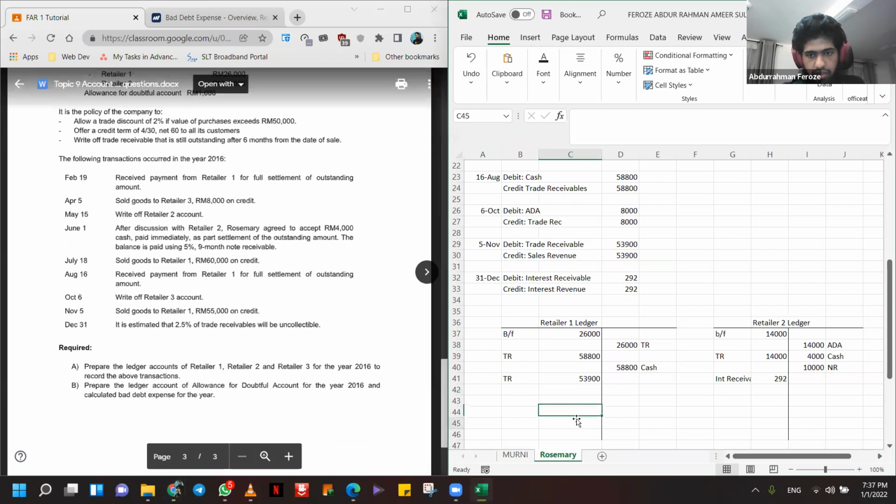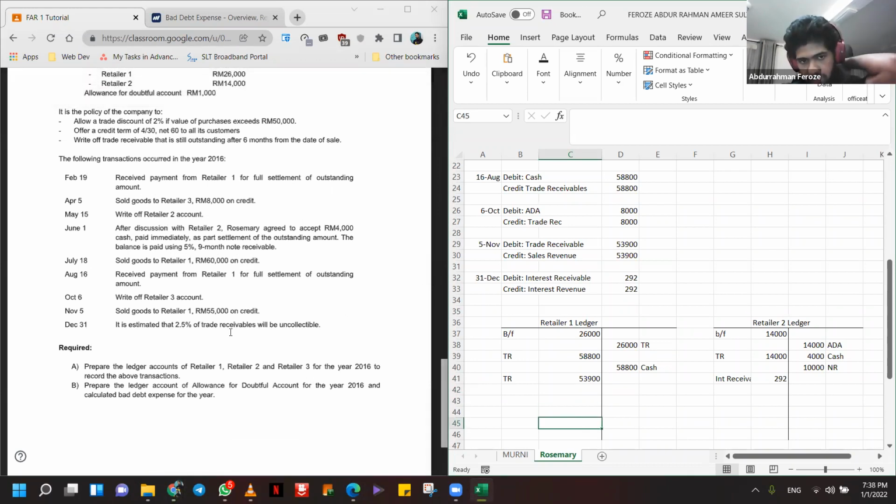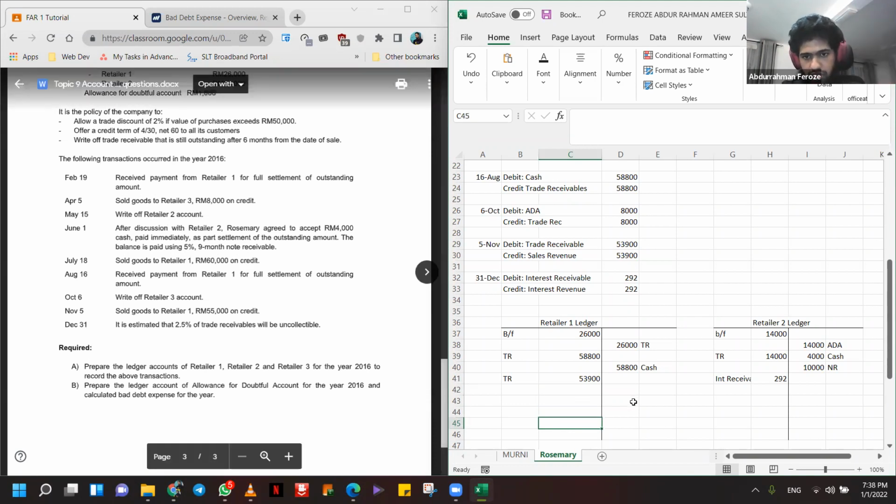And then we estimate that 2.5% of trade receivables will be uncollectible. So what we regard as the uncollectible amount of 2.5%, let's put 2.5% into this, the remaining trade receivable for retailer 1.